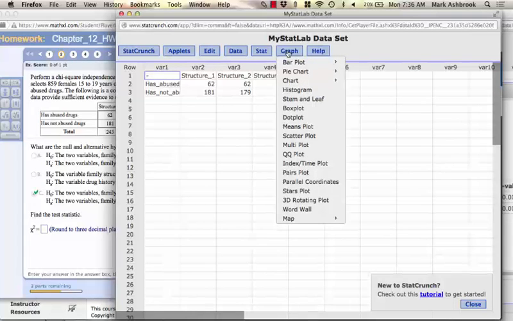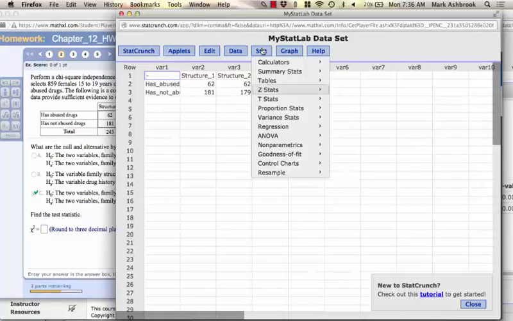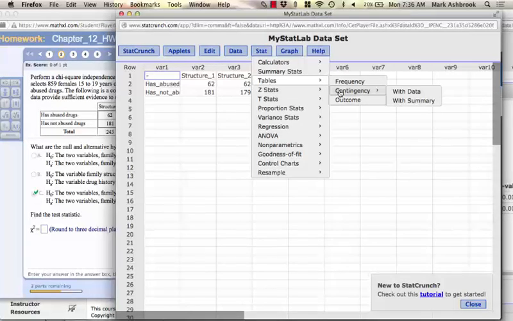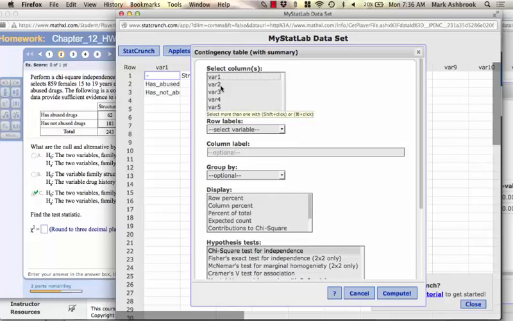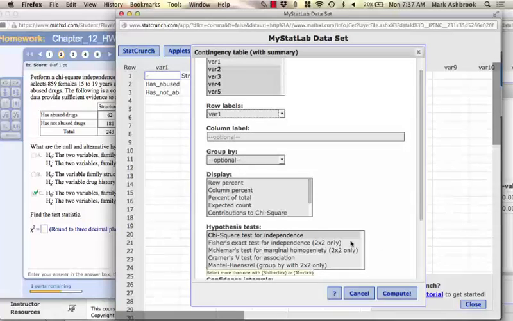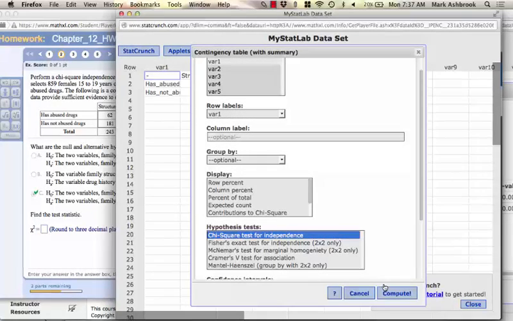So we're going to do graph, stat tables, contingency with summary. And we want variables 2 through 5. And then the row label is variable 1. And we want the chi-squared test for independence.